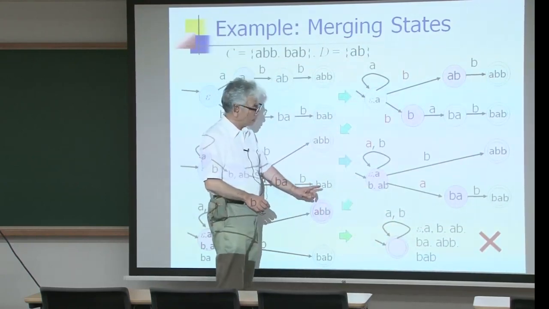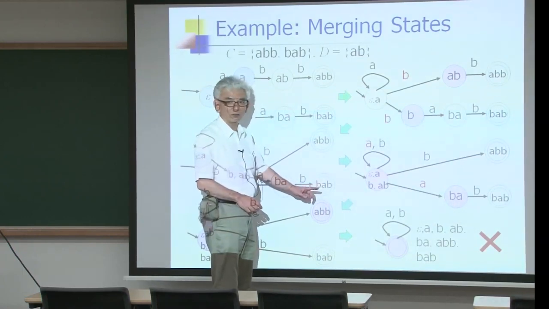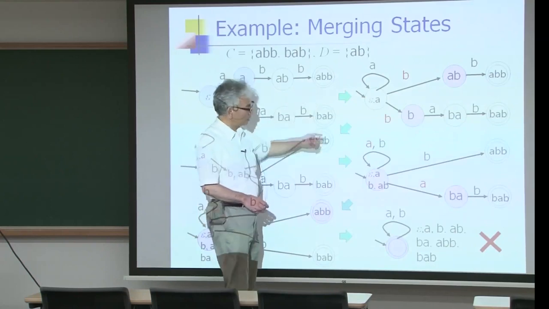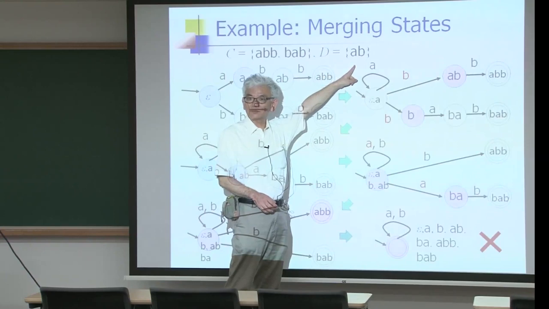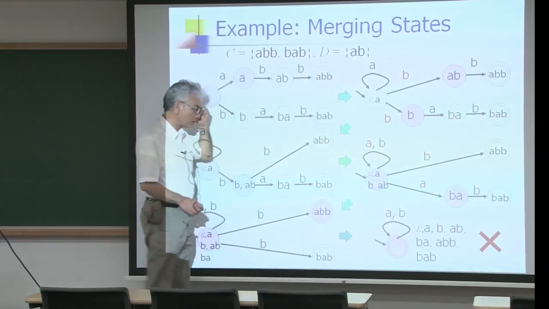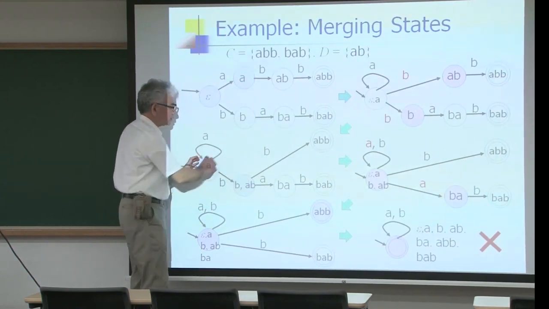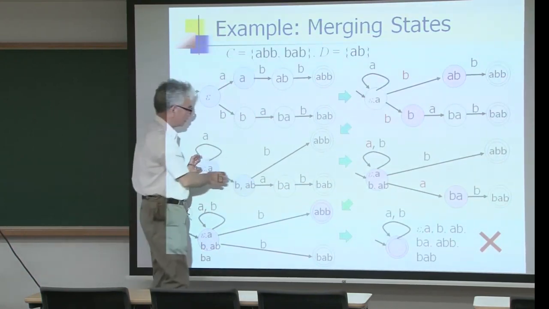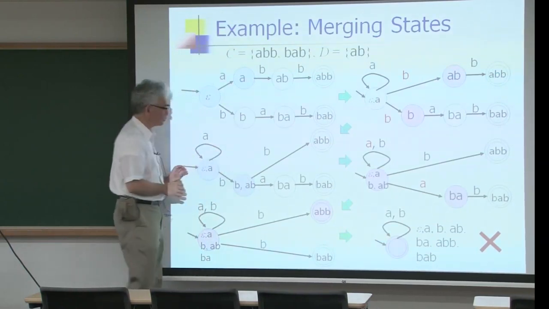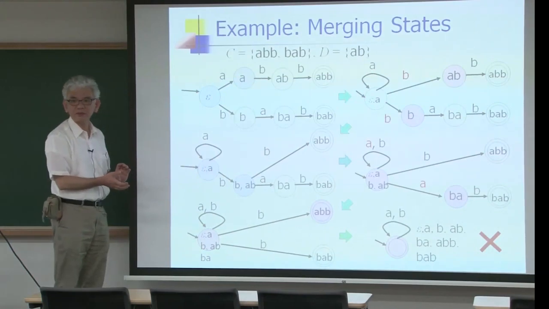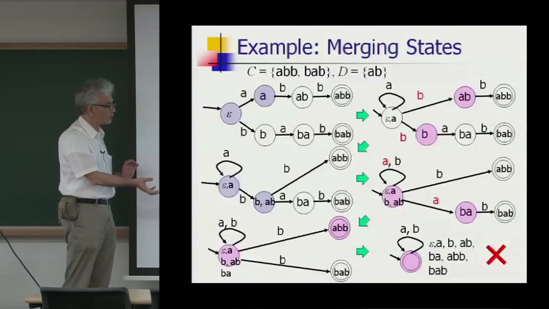However, this automaton cannot be accepted as a conjecture of the learning because this automaton accepts the negative example, A, B. So these two states cannot be merged because it makes a contradiction.